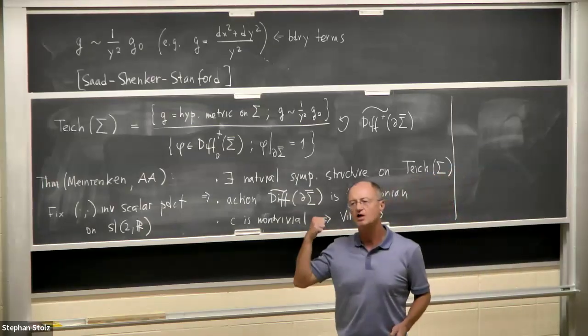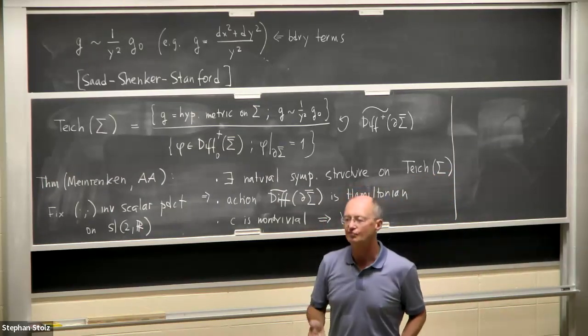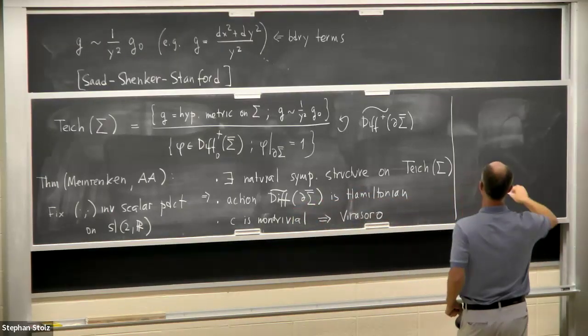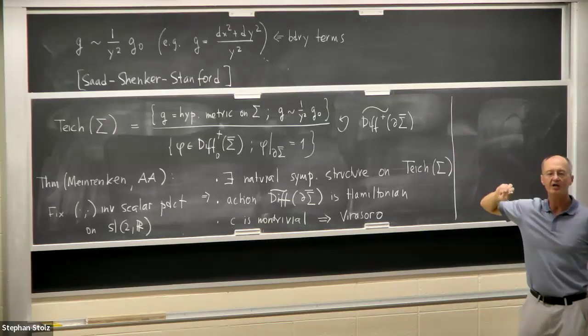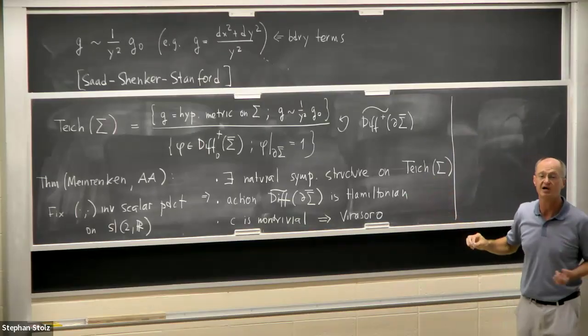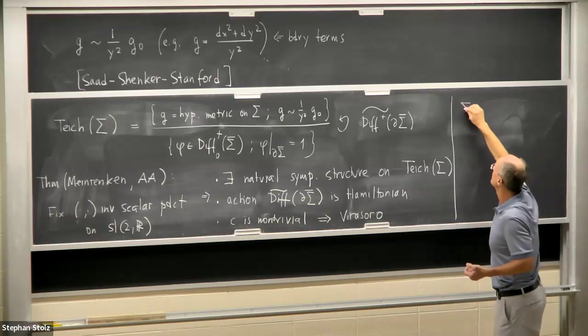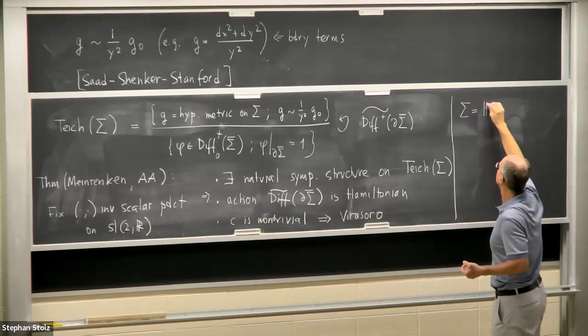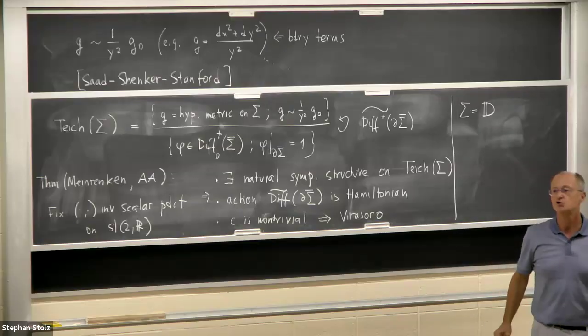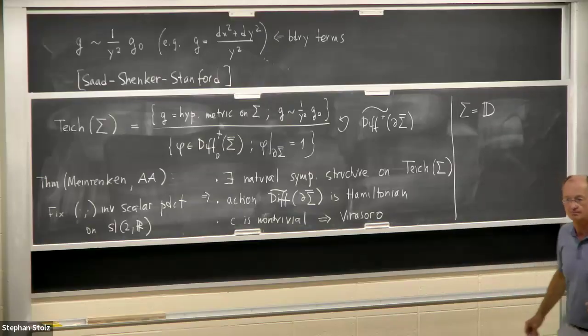Okay, I'll give a comment on that. Not always. We will now see. Let me go directly there. Maybe one very prominent example, both on the physics side and on the math side, is as follows. Suppose I take sigma to be just a disk, a surface of genus 0.